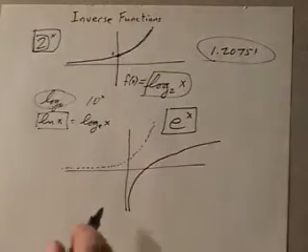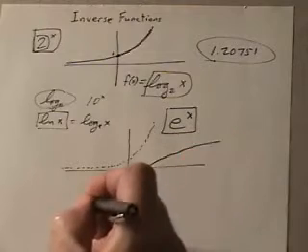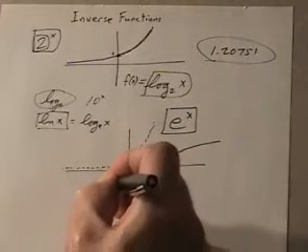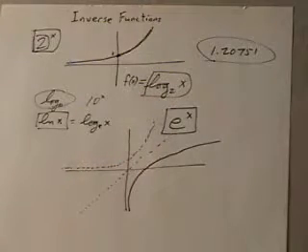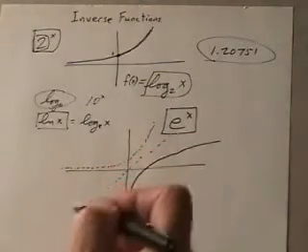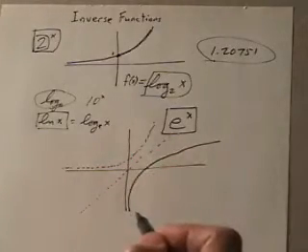But if you compare the graph of, say, 2 to the x with the graph of log base 2 of x, you would find that they are symmetric with respect to the diagonal y equals x. So they're mirror images over that diagonal. So if you just reflected one, you would get the other.